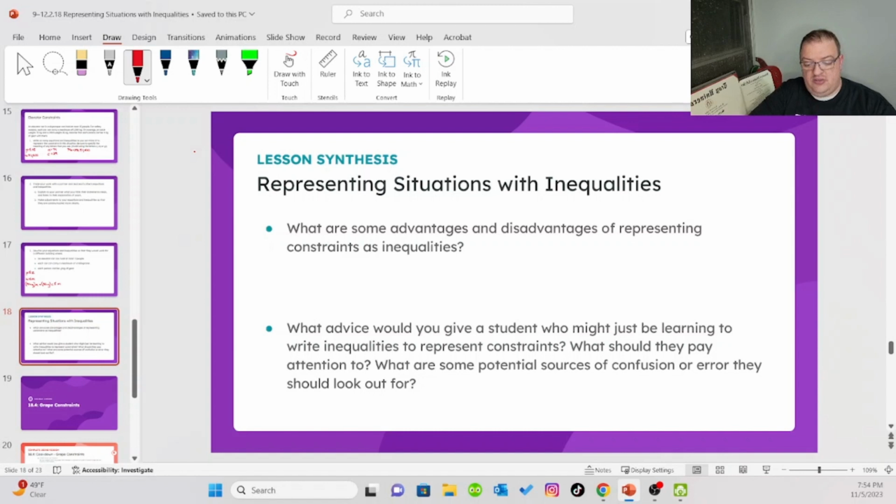What advice would you give a student who might just be learning to write inequalities to represent constraints? What should they pay attention to? What are some potential sources of confusion or error they should look out for? So the first thing I would say is make sure you understand that if the arrow points to the left, this is less than.